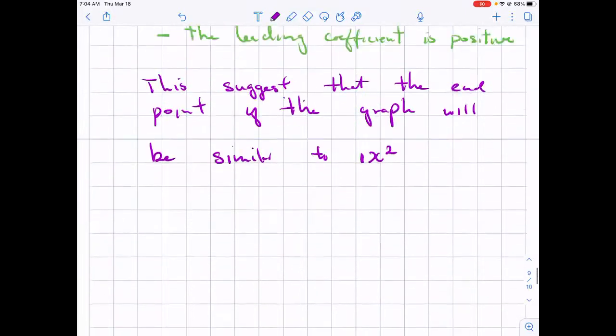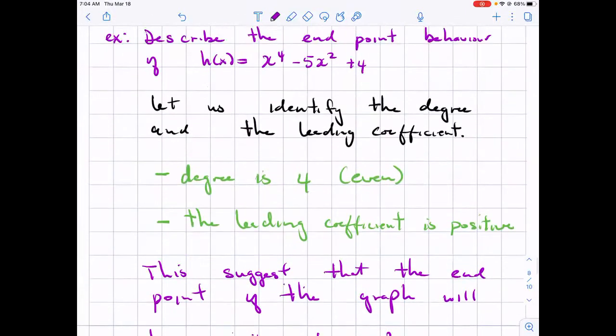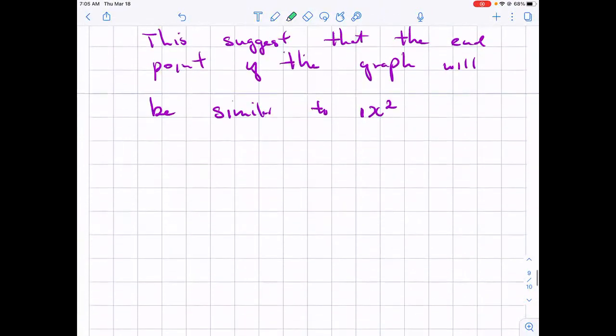We don't care right now about the other terms. We only look at the first term. That's all we're looking at.